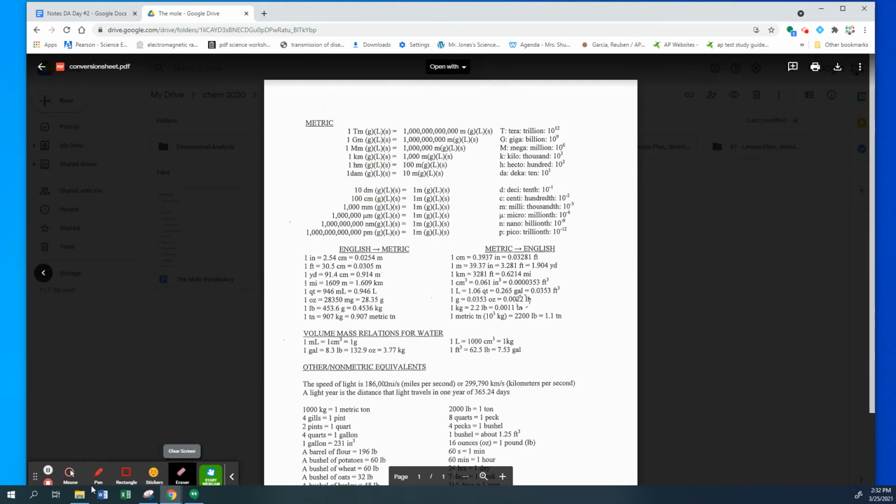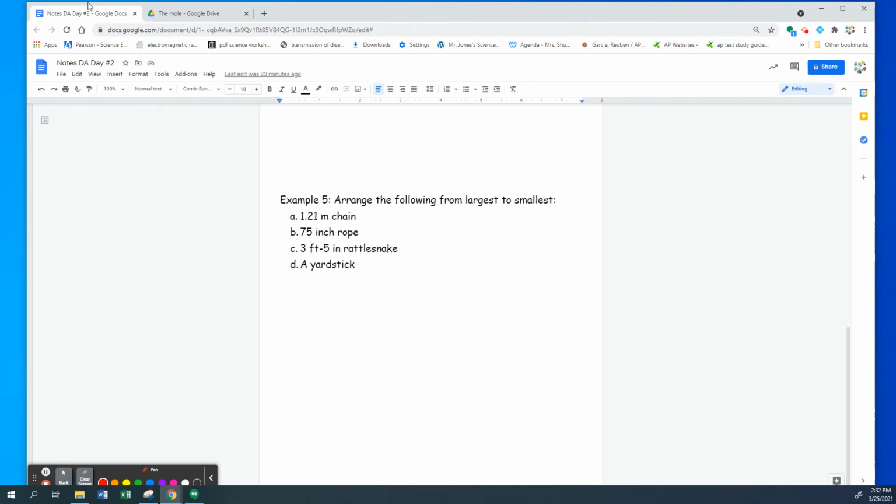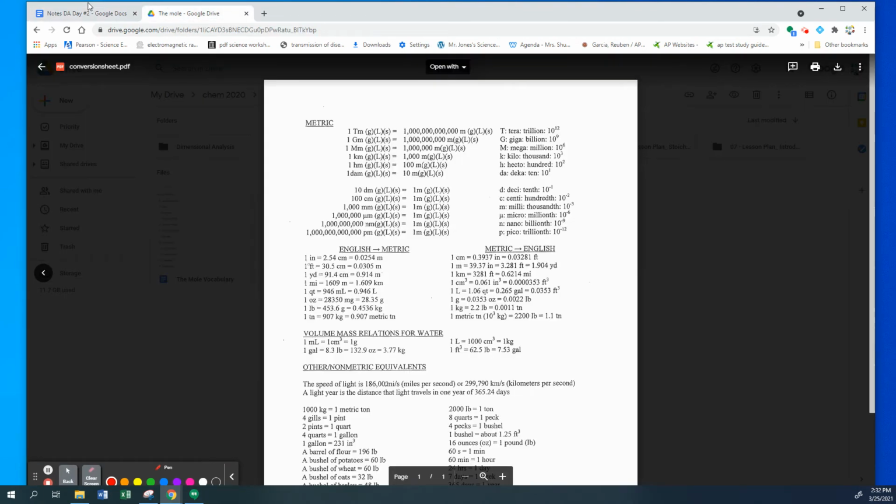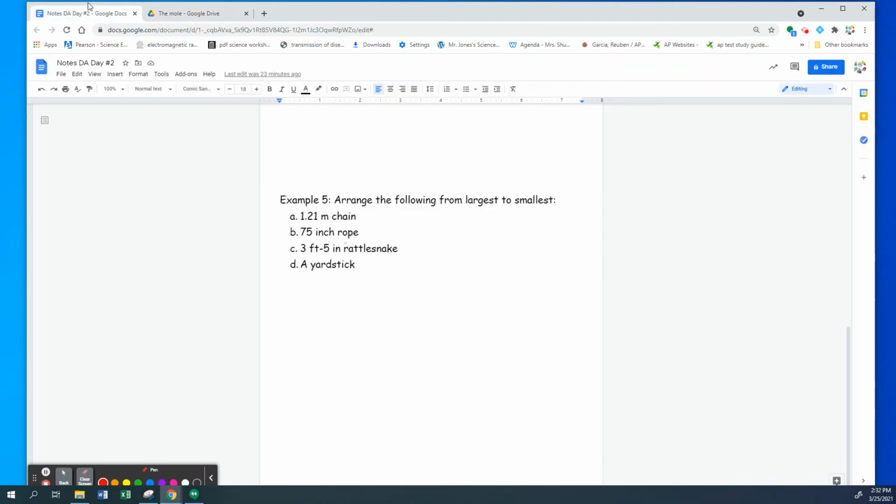So I'm going to look at this English to metric. I have meters, inches. So I can go from meters to inches. So inches might be a possibility, or meters. The second one's already in inches, so that's a plus. Our next one is feet to inches. We know we can convert to inches from feet. We've already done it. Then we have a yardstick.